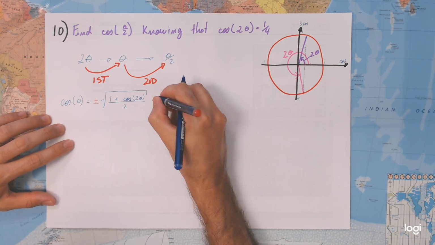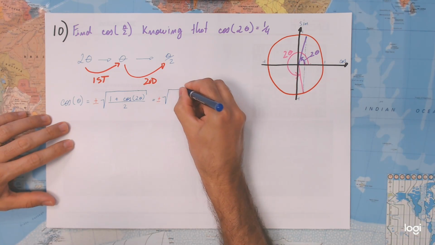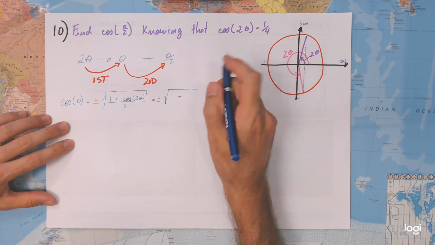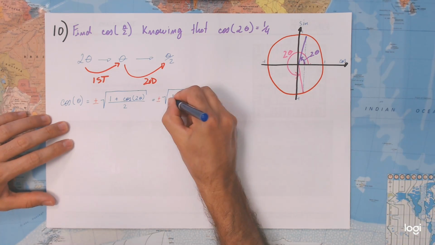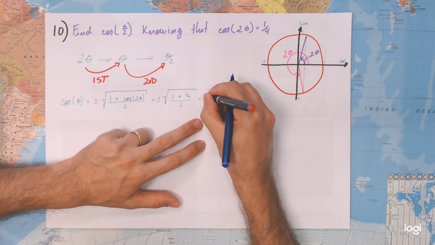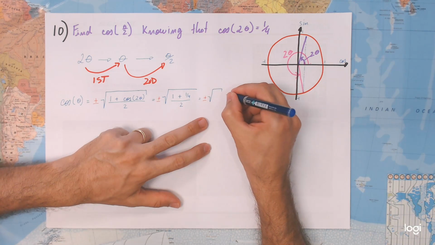This is plus or minus the square root of 1 plus, what is cosine of 2 theta? 1/4, divided by 2.